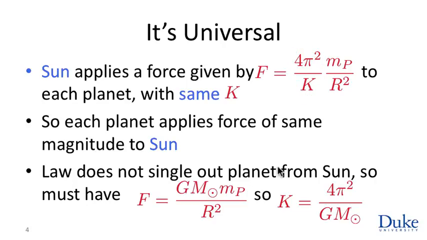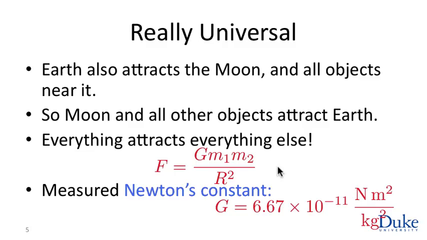And now we can jump to the fact that it's much more universal. Remember, the sun attracts the planets, the planets attract the sun. Earth attracts the moon, and the moon pulls on the earth. And in fact, the only way to get a consistent understanding of this is to imagine that the force of gravity is truly universal.